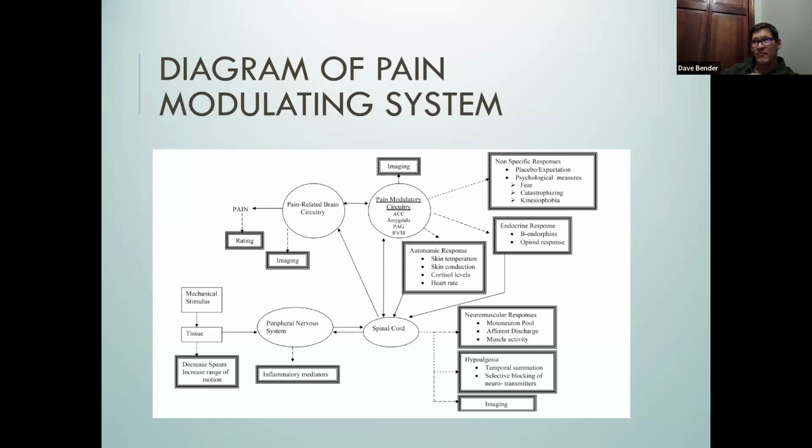There's a difference in our approach, but in many ways, with some of the brain circuitry, there's going to be some overlap from the stimulus. But it's not to say that we're doing acupuncture. We're still doing dry needling in a medical model. This model also applies to other techniques that we have at our hands. Dry needling just happens to be a very strong form of neural input that we're able to achieve.